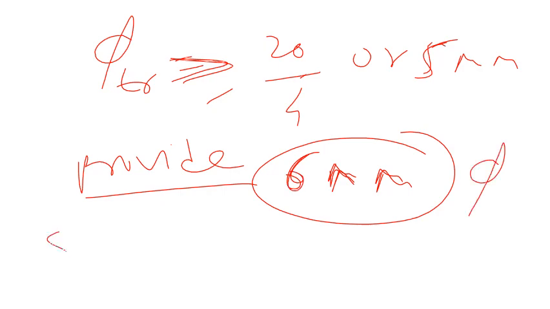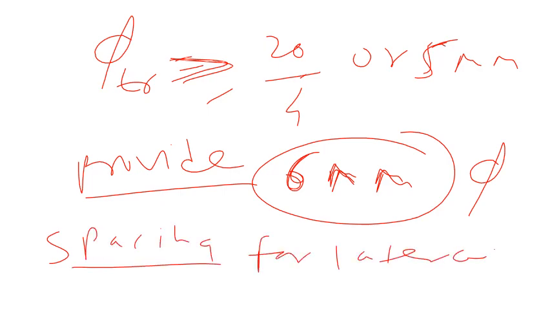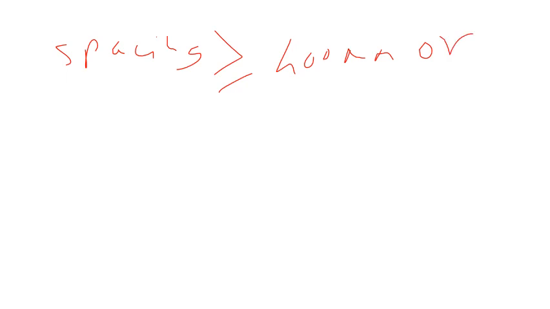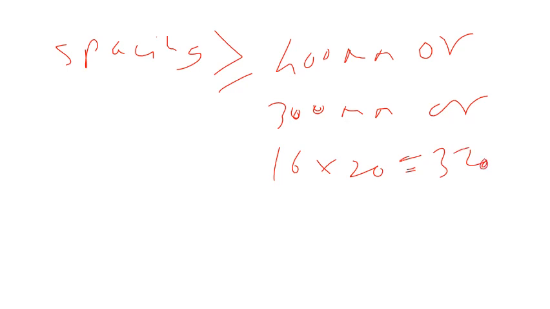Then second is the spacing for the lateral ties. The recommendation is that the spacing should not be greater than 400 mm, that is the smallest dimension of the column, or 300 mm, or 16 into 20, that is 16 times the main longitudinal reinforcement, which is 320 mm.